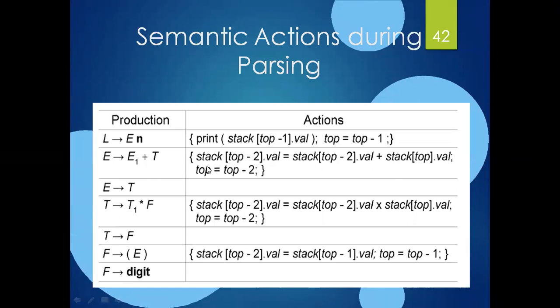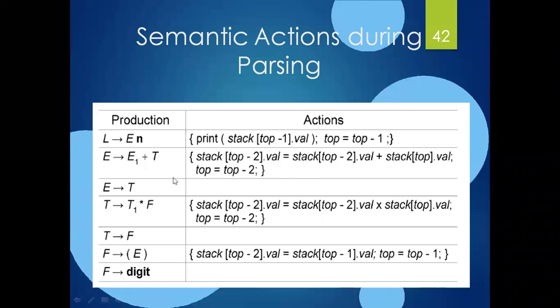What it means is top is equal to top minus 2. The obtained value for the E is assigned to the node L, right? And top is equal to top minus 2. Here top minus 2 is E1, and I am taking it as an E. So top is equal to top minus 2.